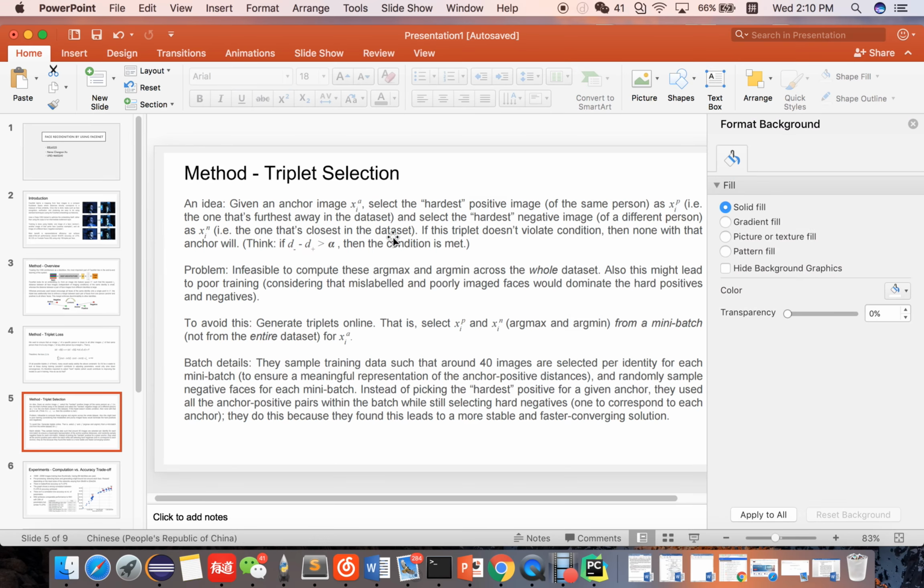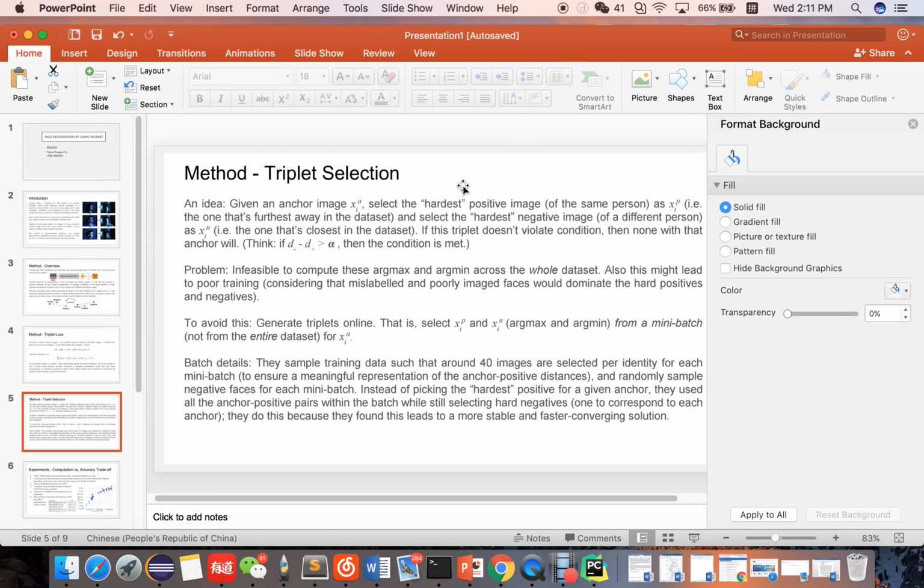But finding all the triplets in our database is impossible because it will cost a lot of time to do computation, so we need to do triplet selection. We need to select some proper triplets.